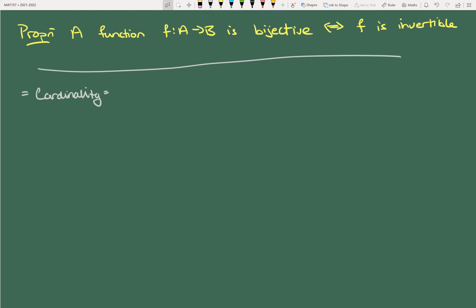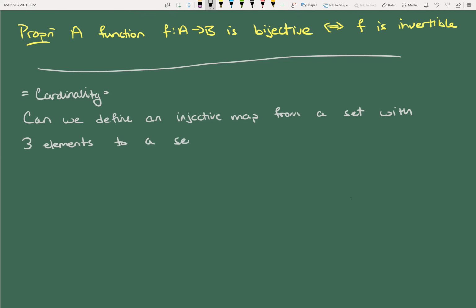Can I define an injective map from a set with 3 elements to a set with 2 elements?